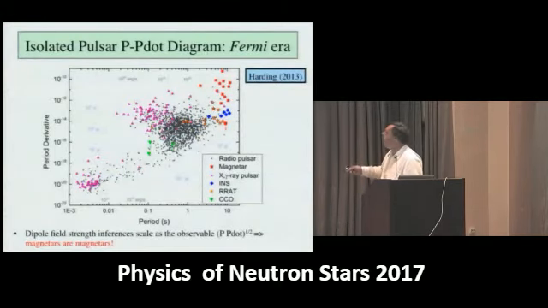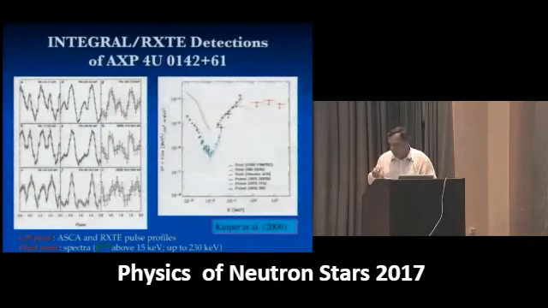Okay, so we now all know what magnetars are. Lots of good talks today summarizing their general properties. Here they are on the P-Pdot diagram, up here in the red squares, with magnetic fields typically above 10 to the 13 Gauss, ranging up to 10 to the 15 Gauss. Magnetars were known in quiescent emission in the thermal X-rays, and then with Chandra and XMM we were able to see steep X-ray tails.